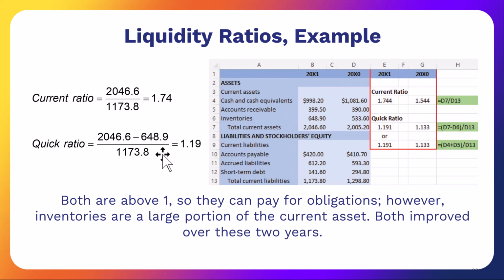But if a company has a lot of inventory, if it is retail, a substantial portion of total assets is inventory. So this number could fall dramatically, as low as maybe 0.2 or 0.3. That is okay as long as we understand the business and as long as the current ratio remains above 1.